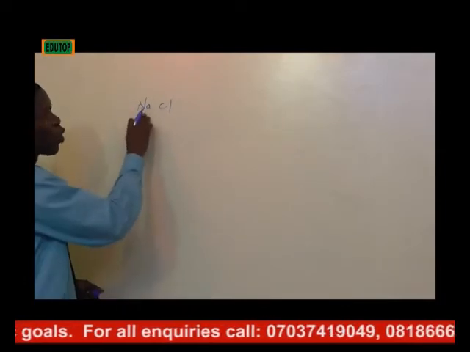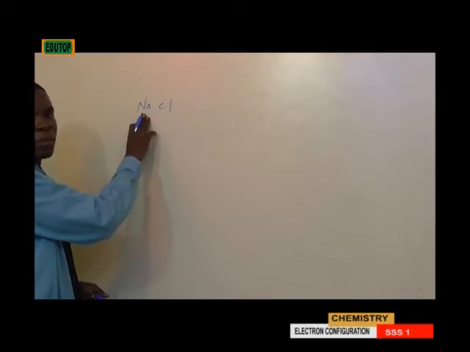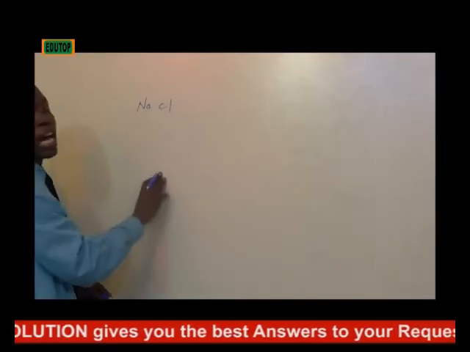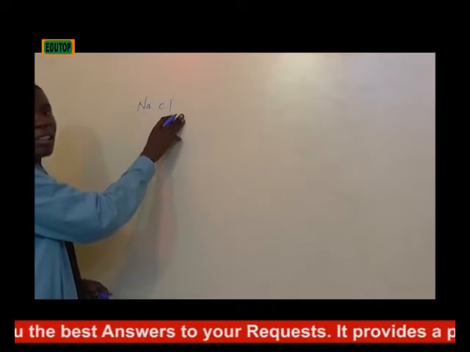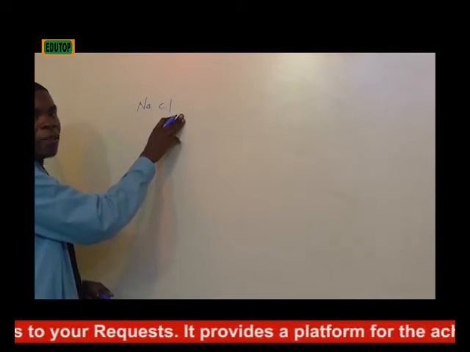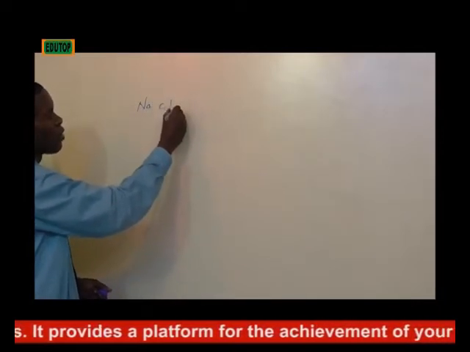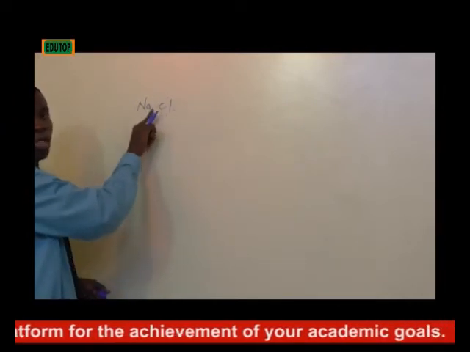Here, sodium has atomic number 11, and we have 1 electron in the outermost shell. Chlorine has atomic number of 17, and we have 7 electrons in the outermost shell. This is 1 for sodium.